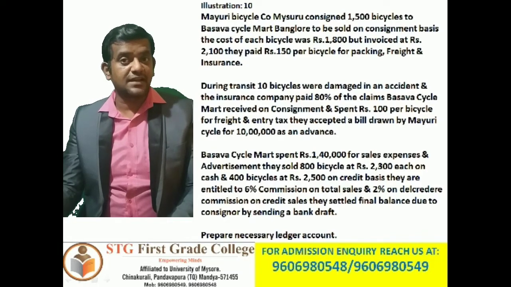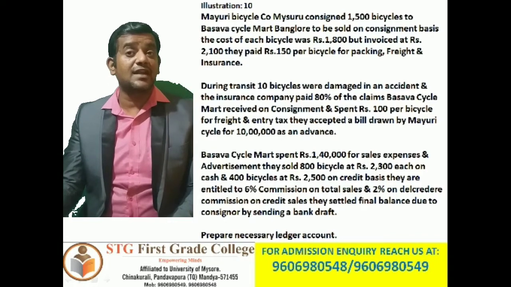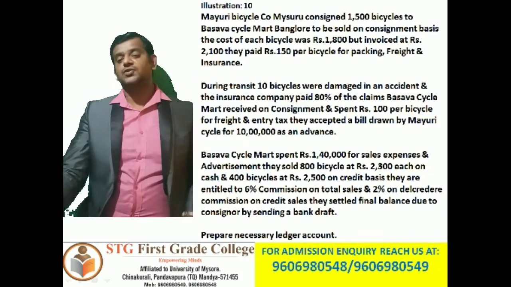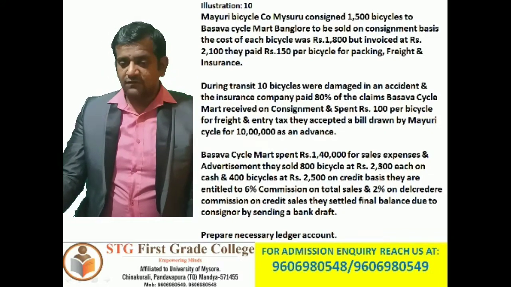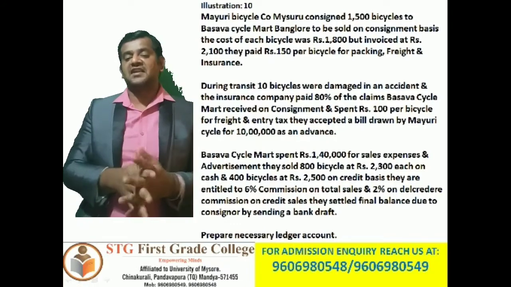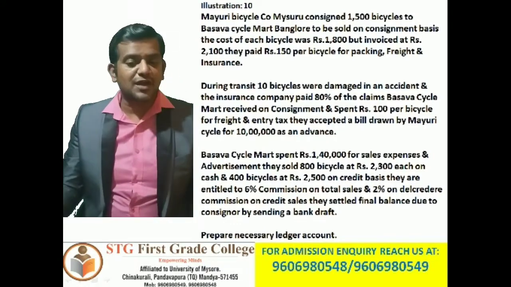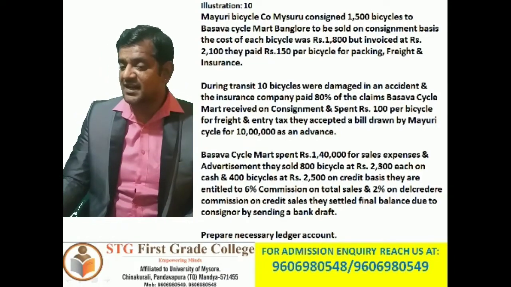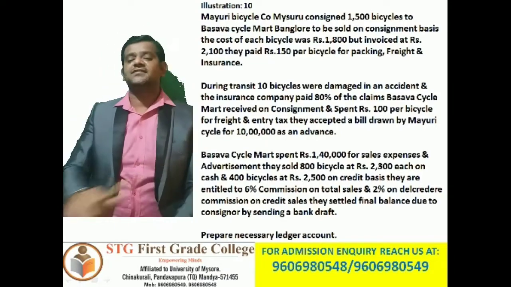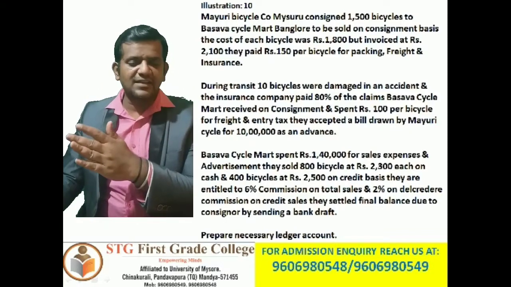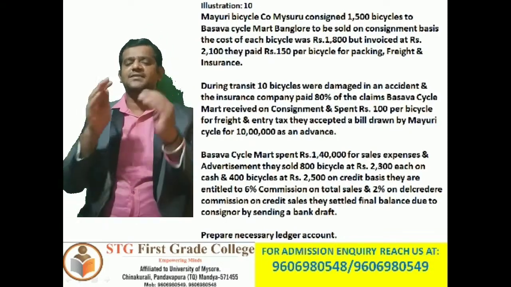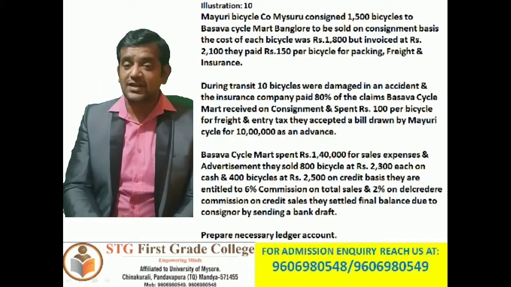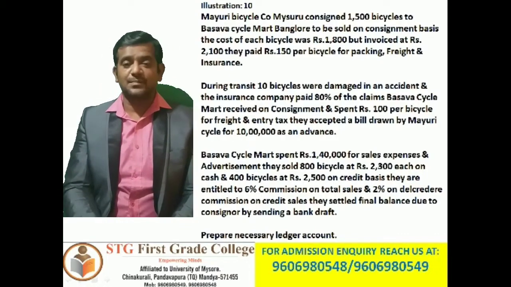When there is credit sales, we are supposed to calculate del credere commission as well. They are entitled to a commission of 6% on total sales and 2% del credere commission on credit sales. So they settled the final balance due to the consigner by sending a bank draft. Prepare necessary ledger accounts in the books of the company.